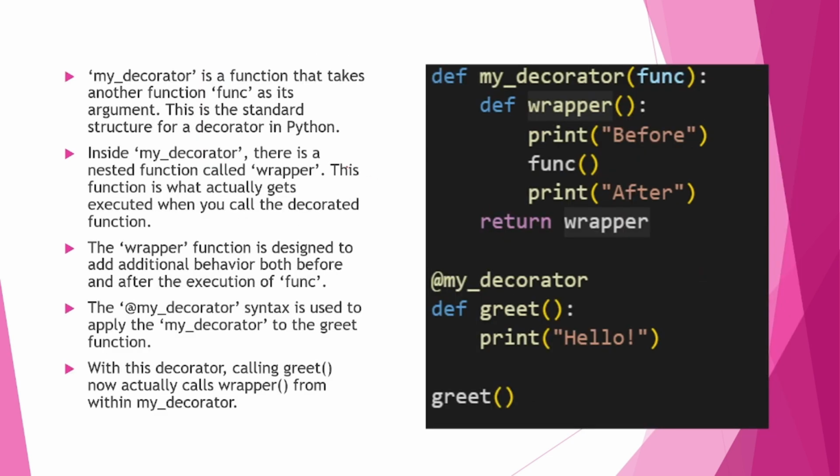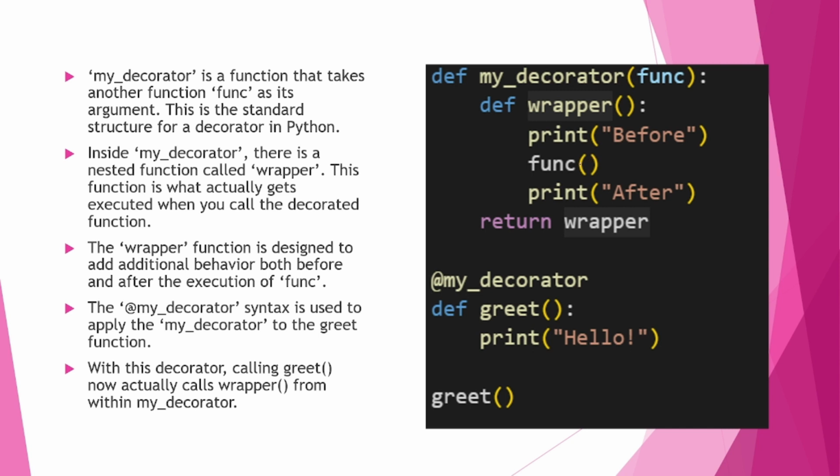So again, my decorator is a function that takes another function as its argument, so it is a higher order function. Inside my decorator, so inside the decorator function, there is a nested or inner function that is called the wrapper. This function is what actually gets executed when you call the decorated function.